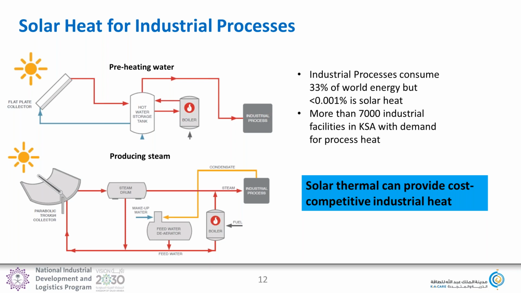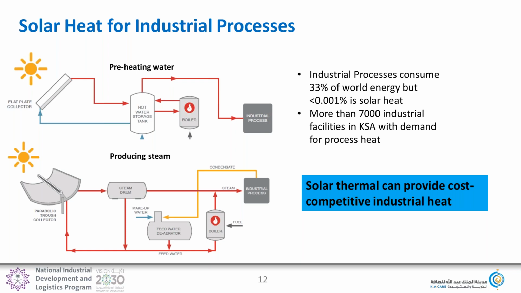We are trying to emphasize the alternative of process heat, so without a power block producing electricity. Industrial processes worldwide consume about 33% of all the energy in the world, but only about 0.001% of it is solar heat. So we think there's a huge opportunity, and we're certain that there are opportunities within Saudi Arabia for that.